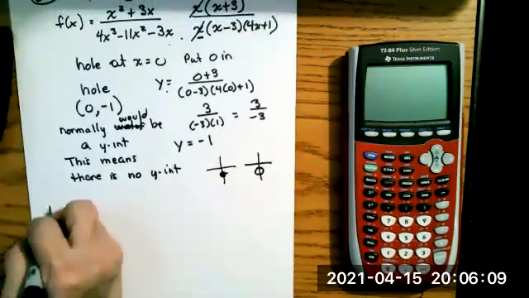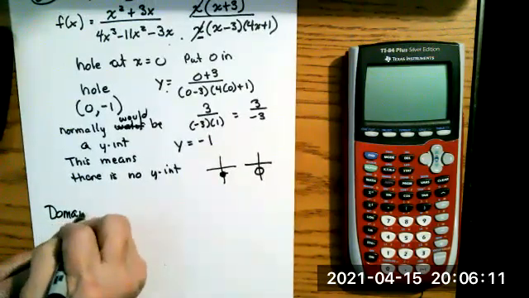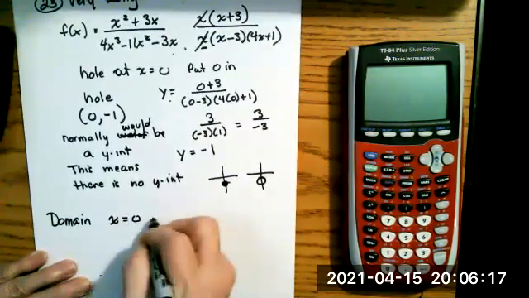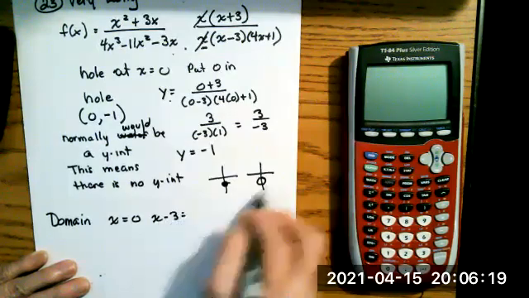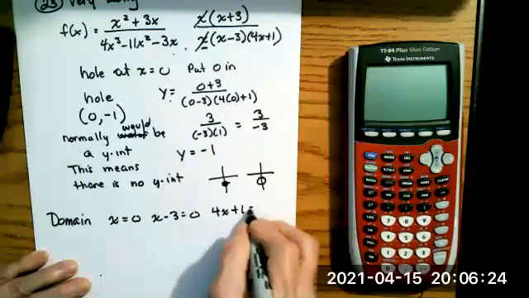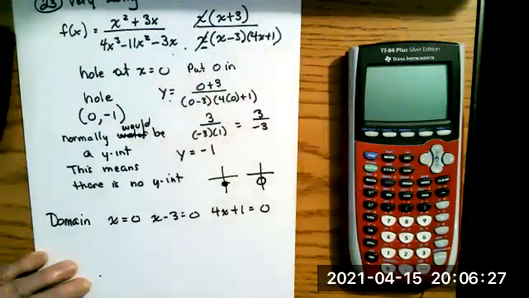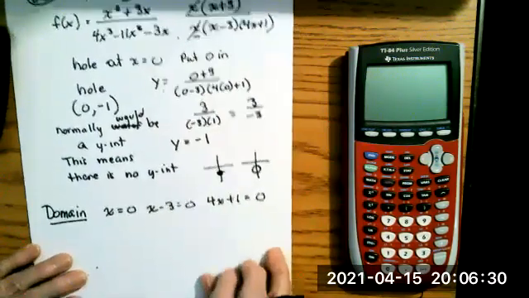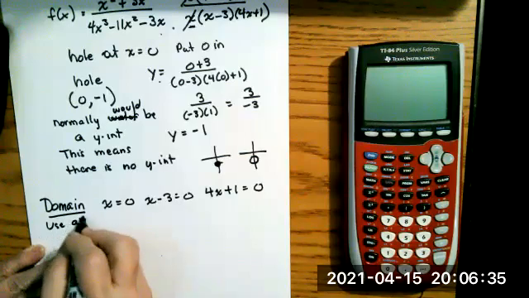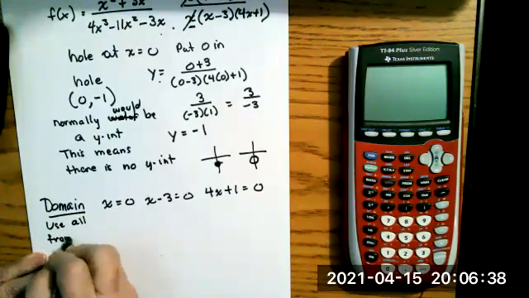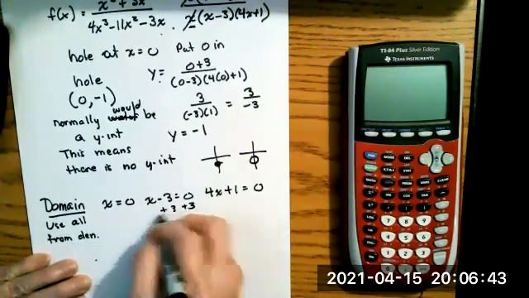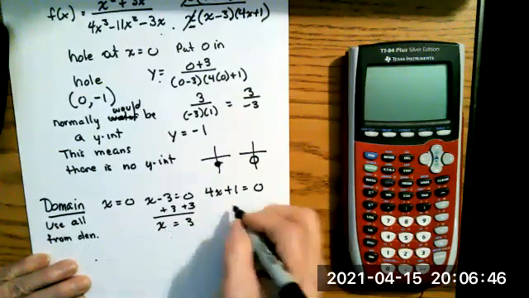Okay, let's go back to domain and look at domain. In domain, you use all of the bottom. So you're going to use x equal to 0, x minus 3 equal to 0, because that's a defined spot right there. And 4x plus 1 equal to 0. Use everything you've got in the denominator for your domain, not for your vertical asymptotes, but for your domain. So we have 1 at 3.